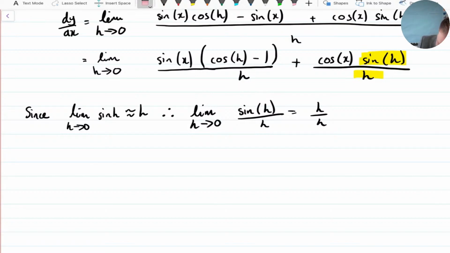So the limit of h tending towards 0 of h over h, which is equal to h divided by h, which is 1. So we know that this yellow part here is equal to 1.